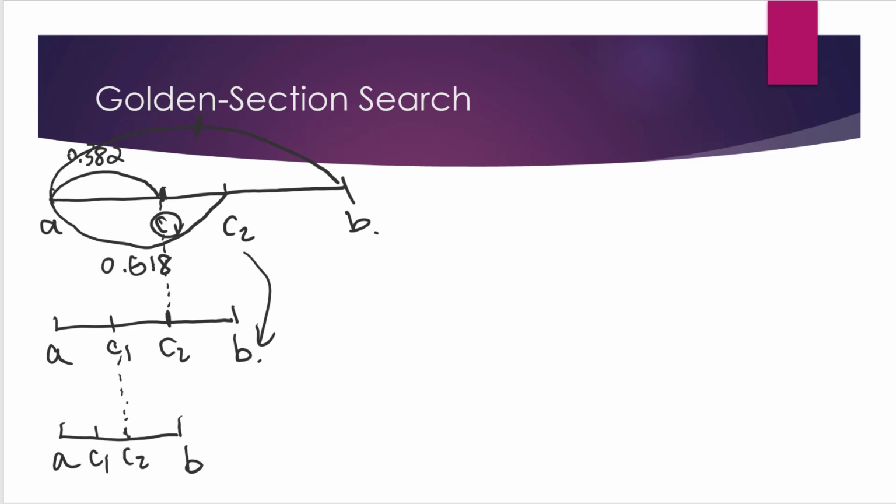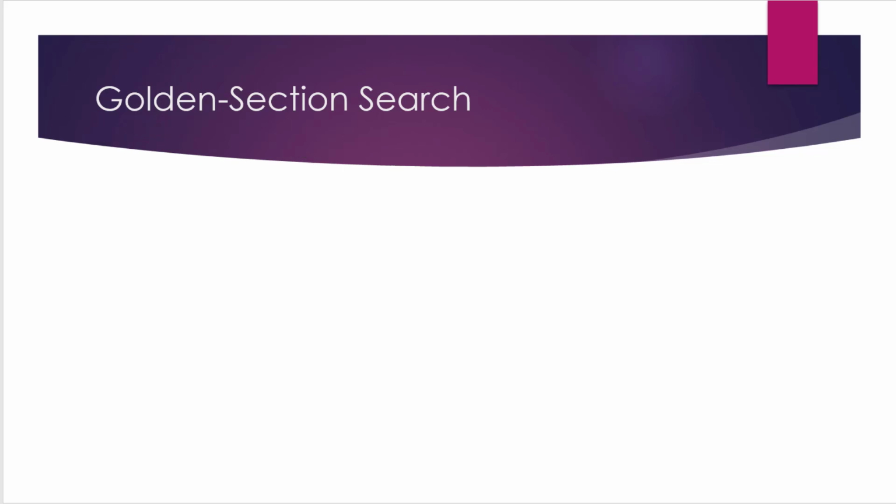Okay, so let's see an example of what happens if we use other interior points. For example, we use A, B, and C1 and C2. Assume A to B is exactly 1, then A to C1 is 1/3, and A to C2 is 2/3, right?